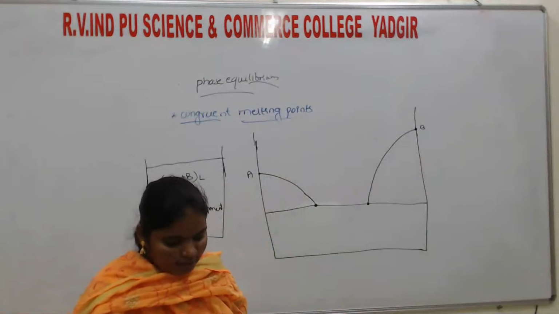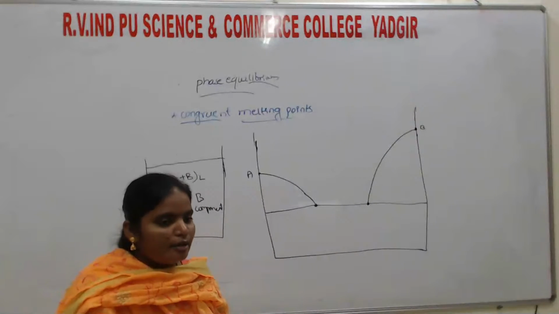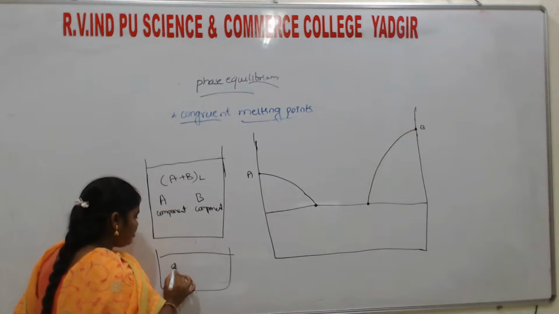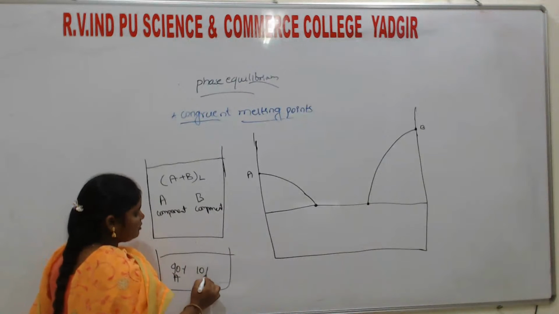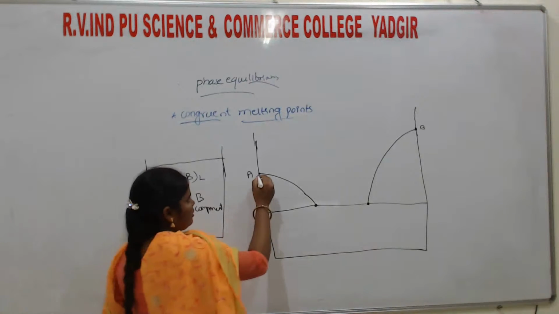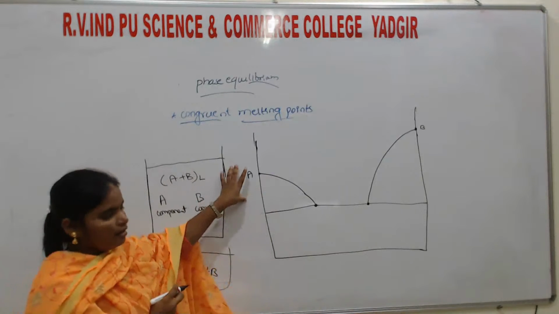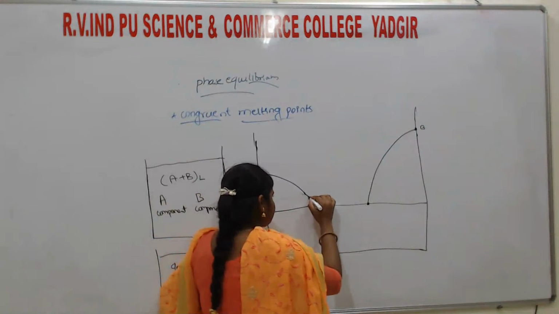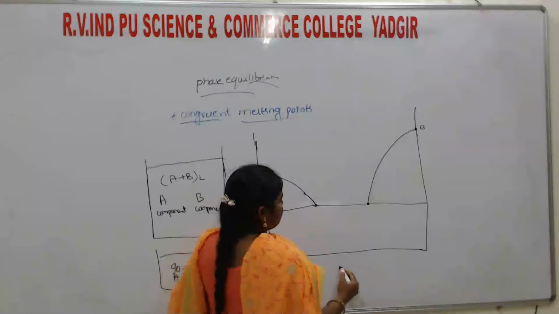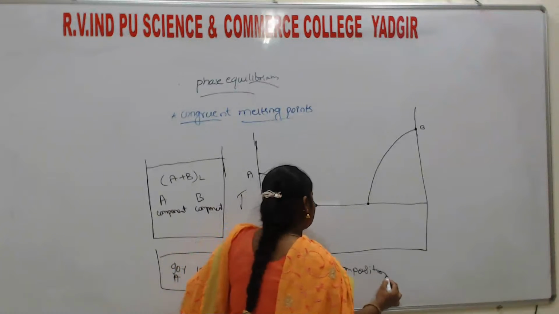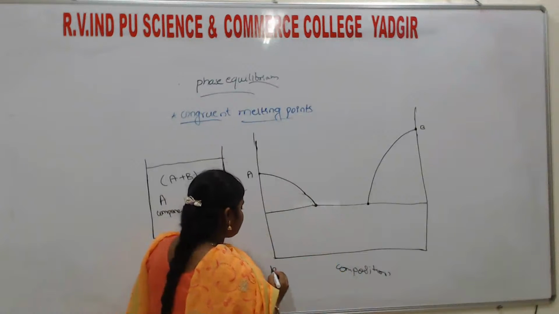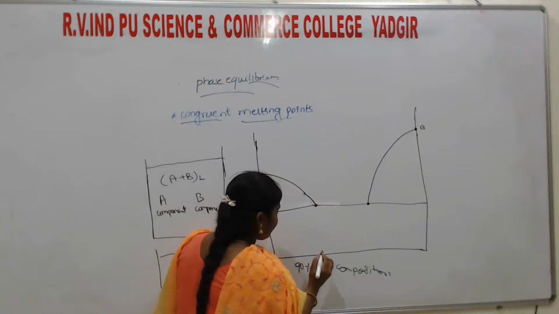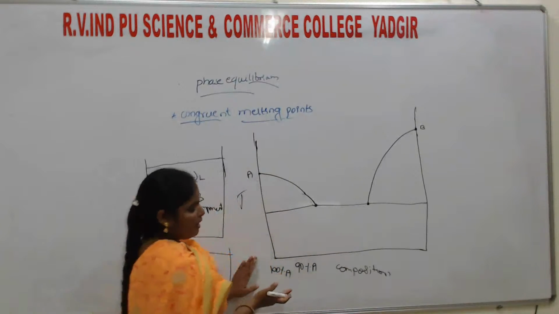First, I take a container with 90% A and 10% B. This curve is the freezing point curve of A. Here is temperature and here is composition, and here this is 100% A. I take the point here as 90% A, and this is not a particular scale, I am taking it in a general way.